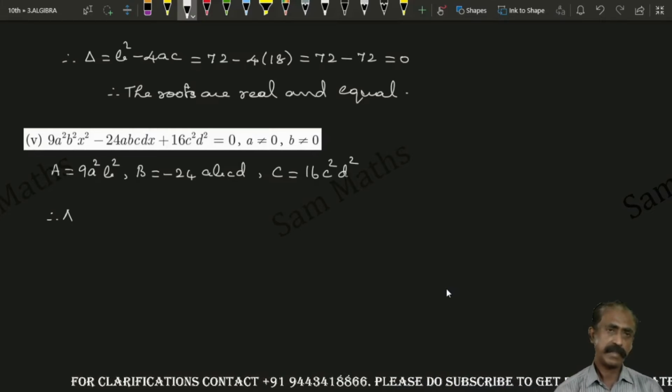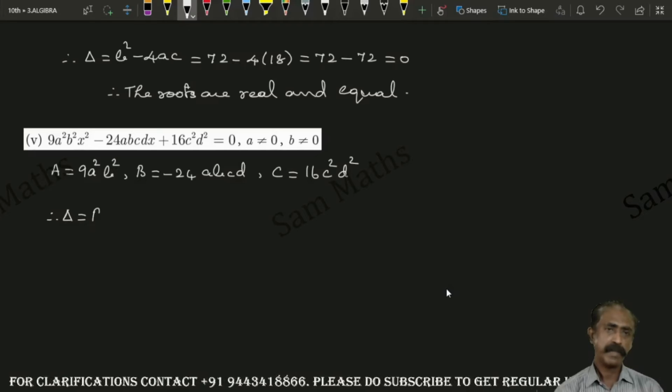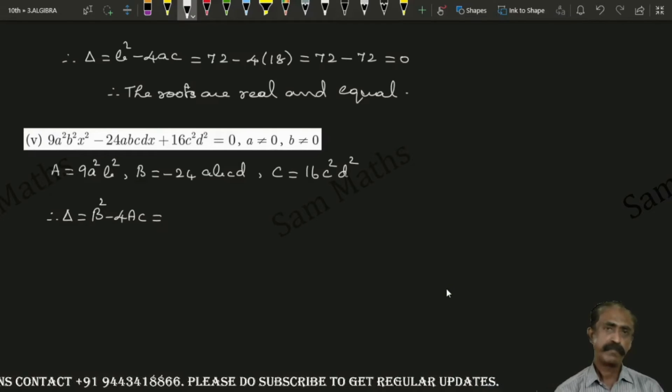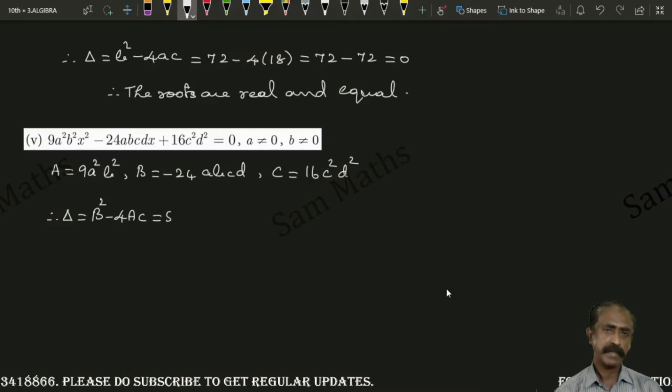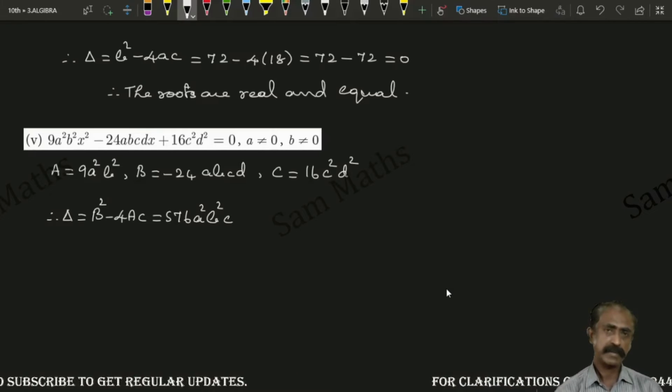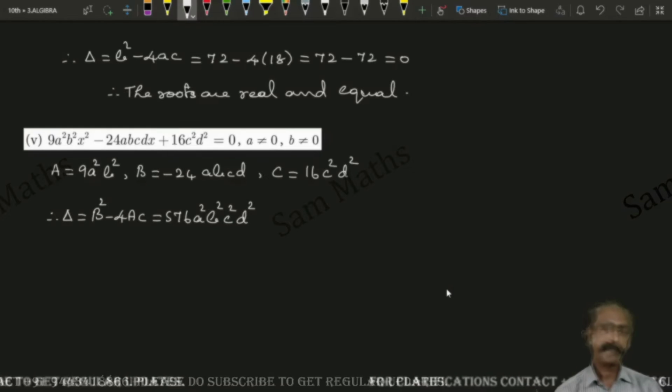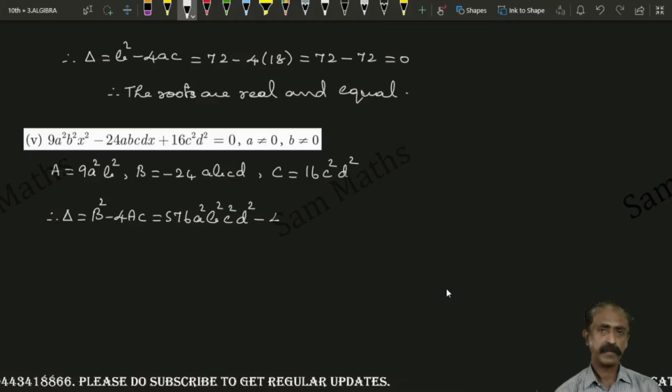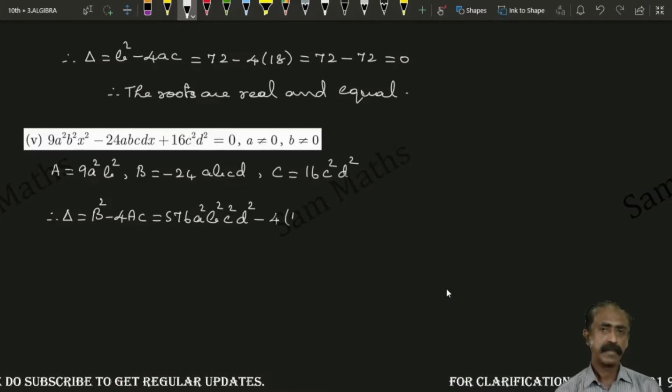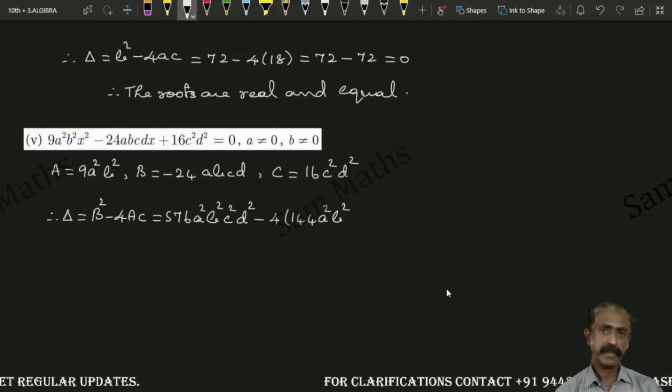I am using capital letters since a and b are already there. Therefore, delta is equal to B square minus 4AC. B square is 24 square, which is 576 a square b square c square d square, minus 4 into A into C. 9 sixteens are 144 a square b square c square d square.